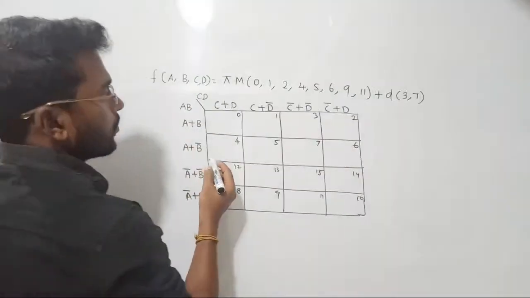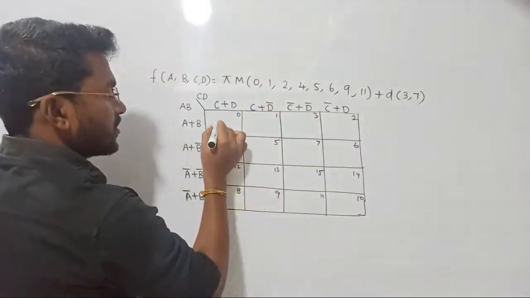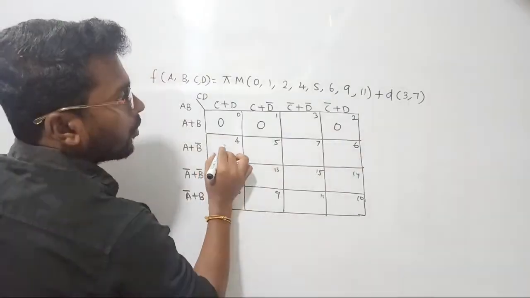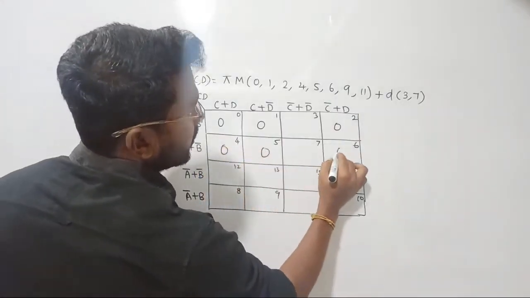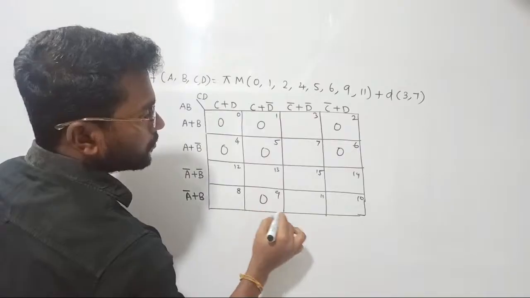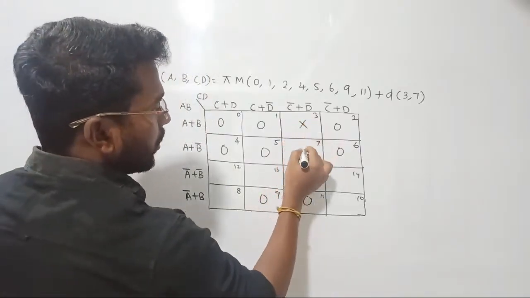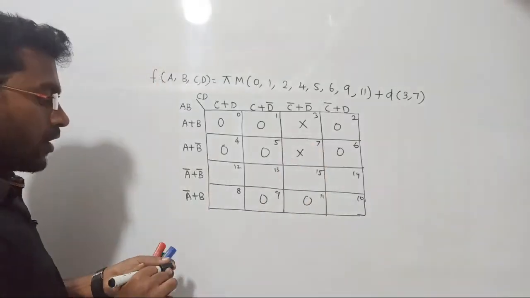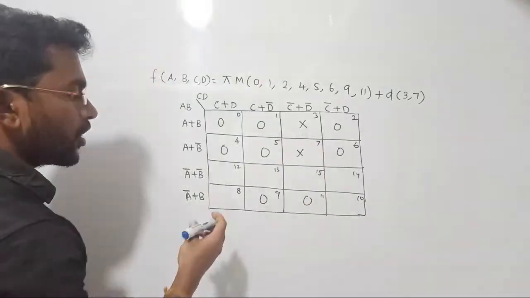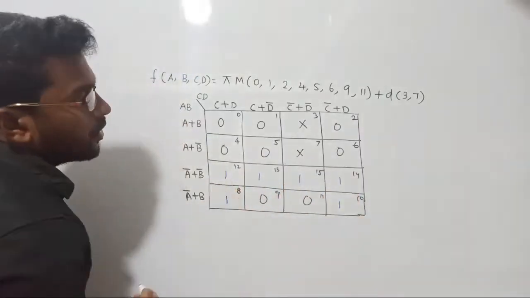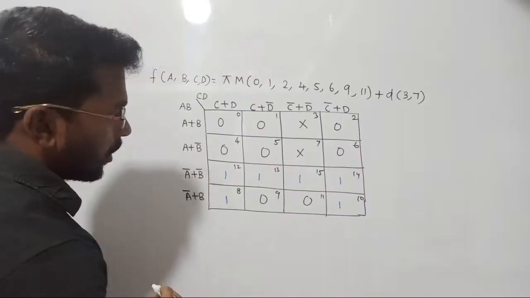So let's register the variables 0, 1, 2, 4, 5, 6, 9, 11, correct? Don't cares are 3 and 7, so 3, 7 are going to be don't care. Rest of all variables are going to be considered as 1. Did I leave anything? No, I think all boxes are filled, right?